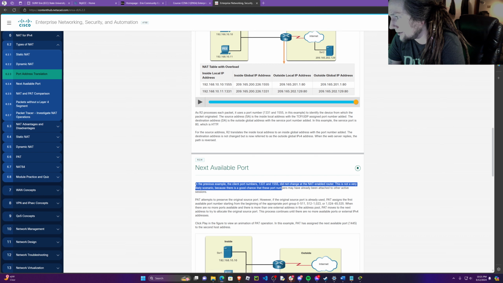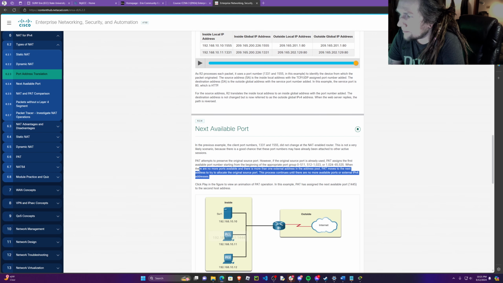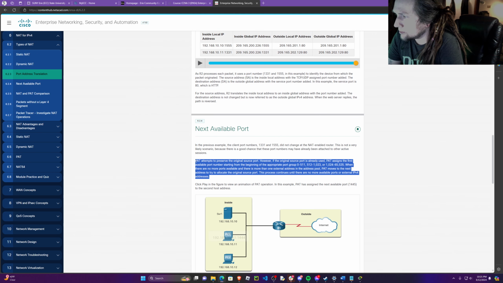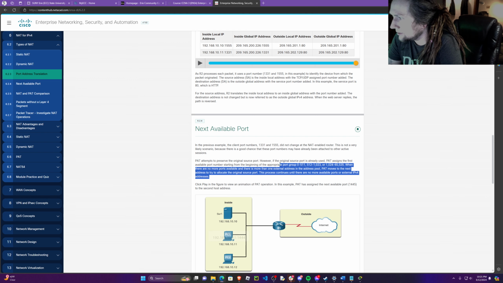This is not a very likely scenario, because there's a good chance that these port numbers may have already been attached to other active sessions. PAT attempts to preserve the original source port. However, if the original source port is already used, PAT assigns the first available port numbers starting from the beginning of the appropriate port group.